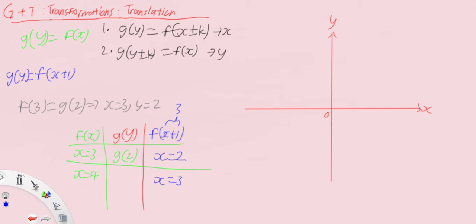The reason why it's now 1 less to give you the same y value is because your input now has a head start of plus 1. So now you need less of x because you now have a head start of plus 1 in your combined input of x plus 1. Your input is now x plus 1 instead of just x. Because of this head start of plus 1, you now need 1 less of your x value to obtain the same y value.